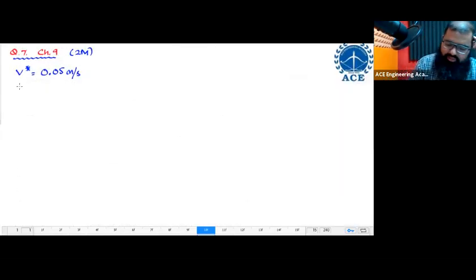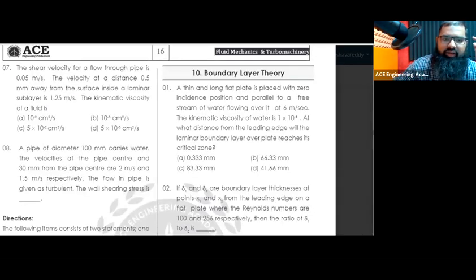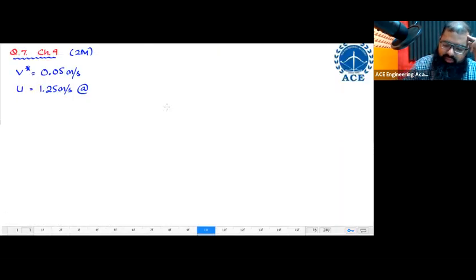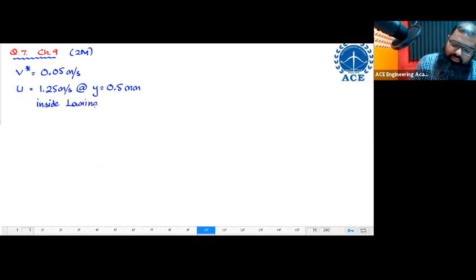So he says the velocity is equal to 1.25 meters per second at y equal to 0.5 mm inside laminar sublayer.